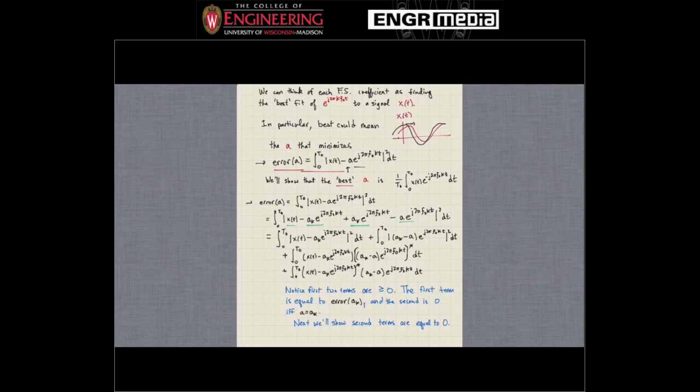And so I can always write the absolute value. This whole thing, it's 4 terms, but just think of it as a complex number. So I can always write the absolute value of a complex number squared as being equal to A times A conjugate. And that's just a definition.